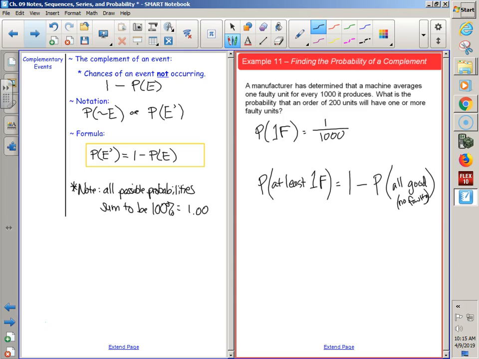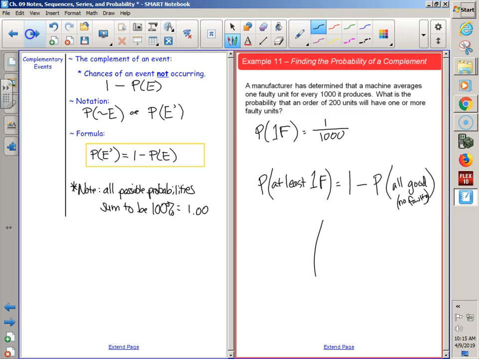So hold on, what would the math for that be? All good. You open the first one, what's it going to be? 999 out of 1,000. You open the first one, it's going to be good. You open the second one, it's good. You open the third one, it's good. Is there a pattern to this?